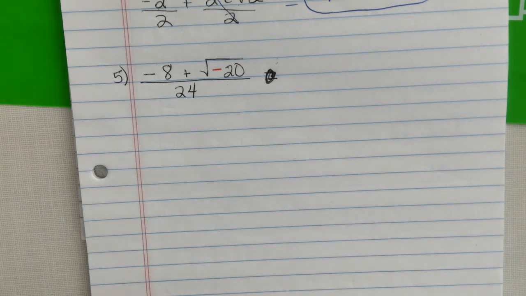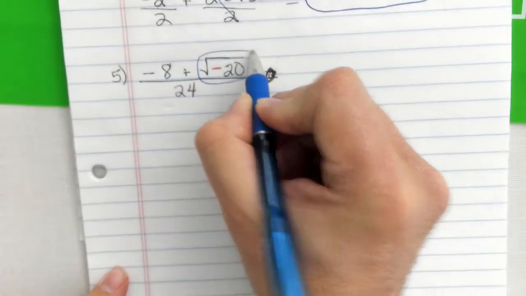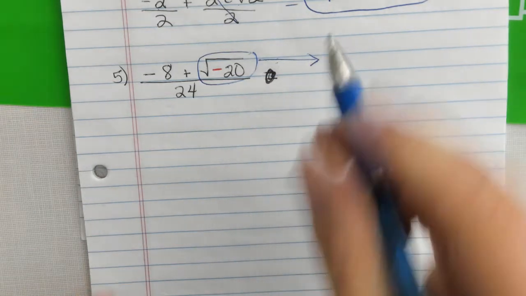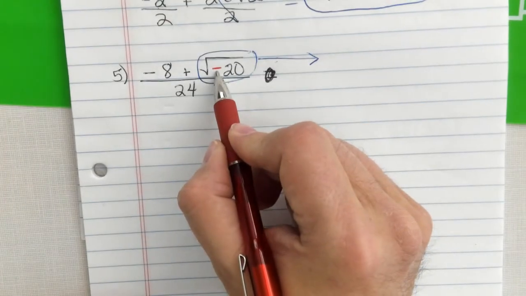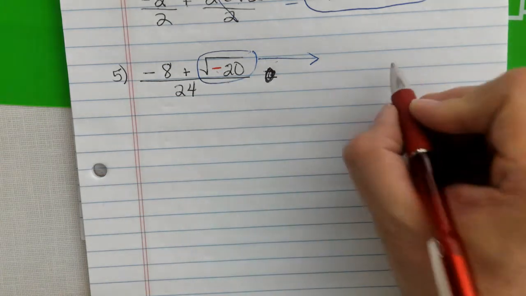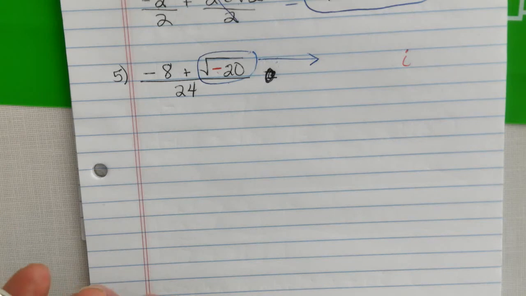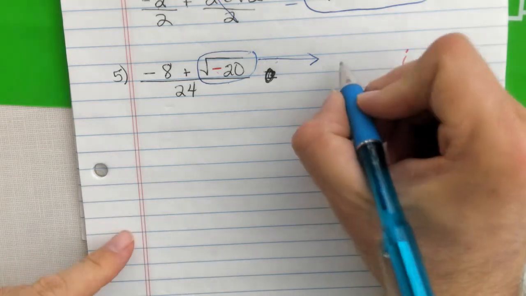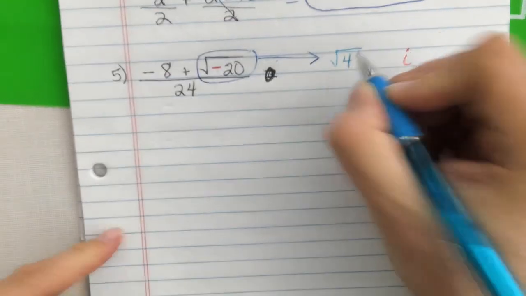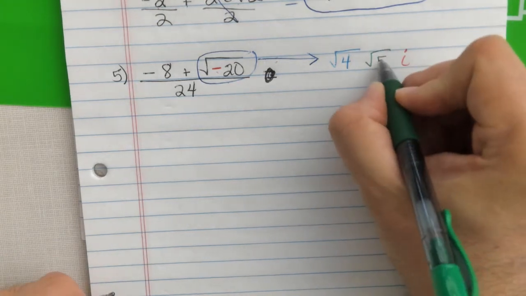Okay. I'll start off simplifying the square root of negative 20. Well, I'm going to go ahead and write the I right now so I don't forget it. I'll just stick an I right here. What perfect square divides evenly into 20? 4 times 5. So if I think of this as 4 times 5.